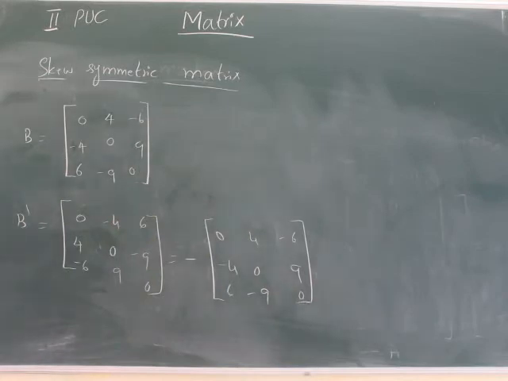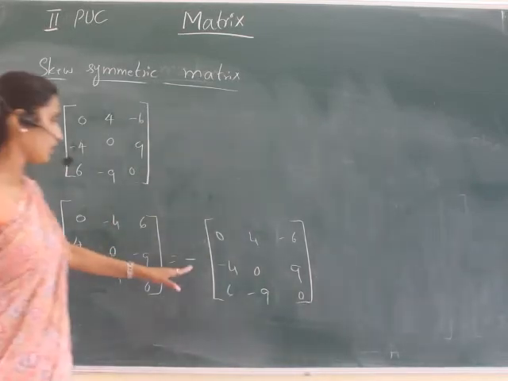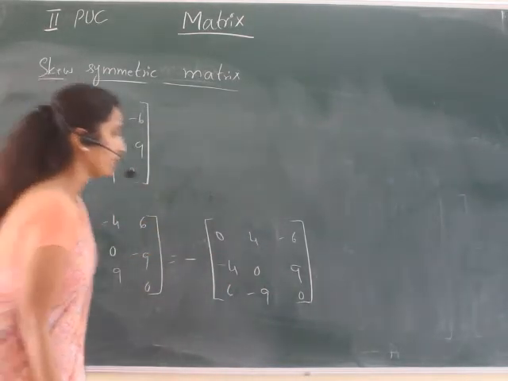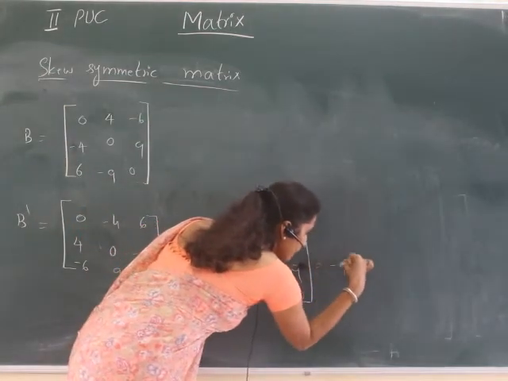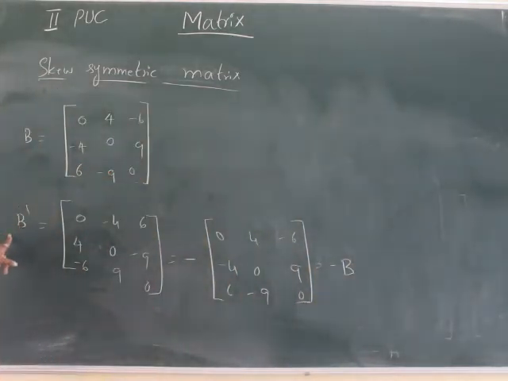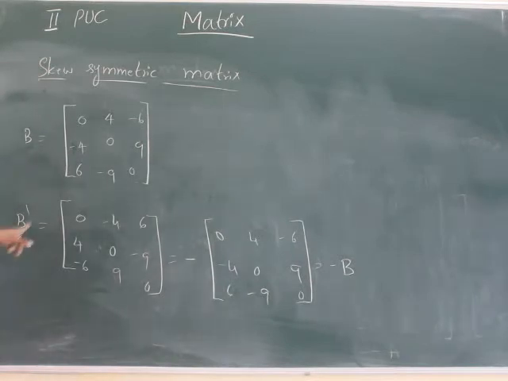So I have taken minus outside, and the remaining will be B itself. So this will be equal to minus B. So B transpose is equal to minus B. This is one of the examples for a skew symmetric matrix.